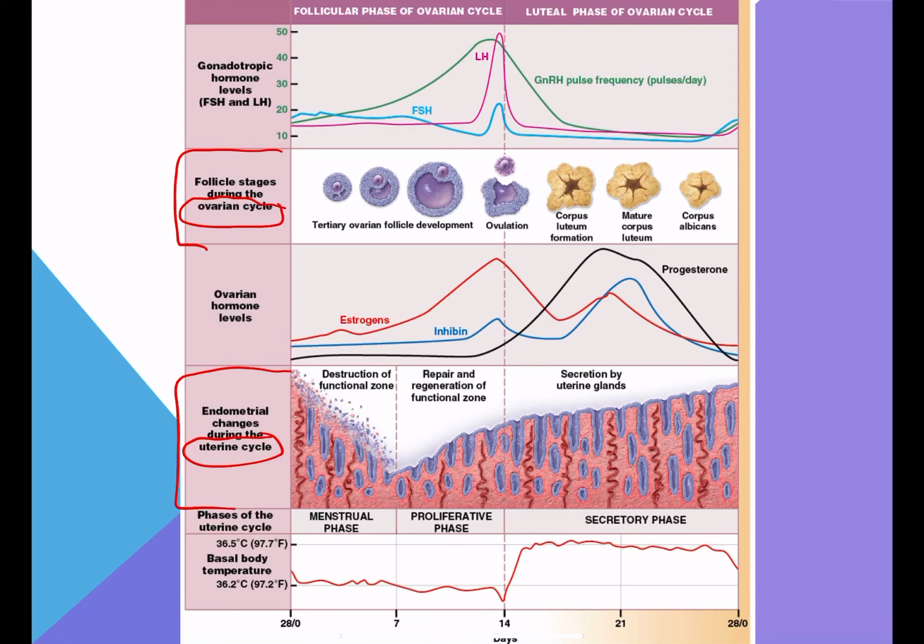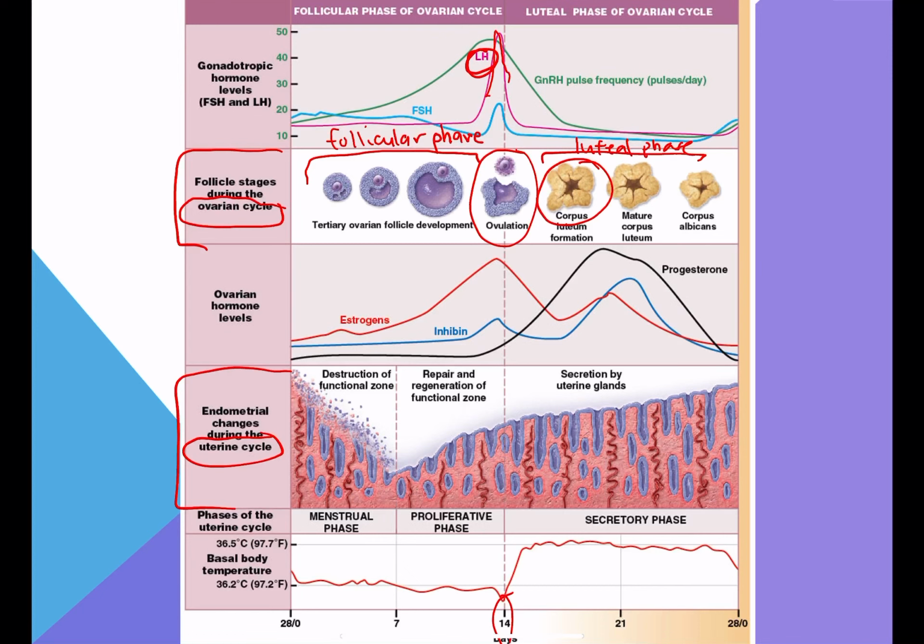Now, this here is your follicular phase of the ovarian cycle. This here is the luteal phase of the ovarian cycle, okay, where you have formation of the corpus luteum, and ovulation happens around day 14, where you have that LH hormone surge.